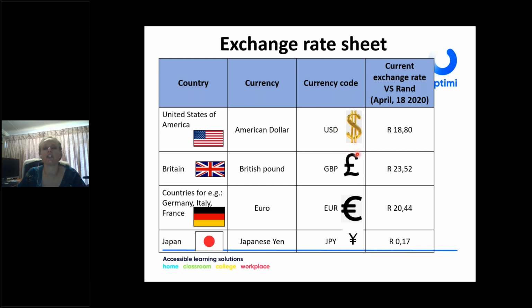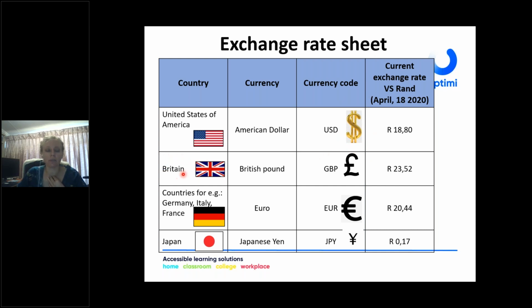So please make sure that you write the correct currency coding and the correct symbol when writing out your examples or doing your calculations. If they ask what they will receive in American dollars, you must put the sign in front of your answer as well.